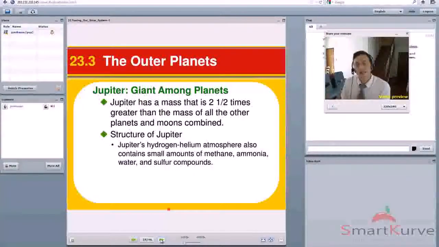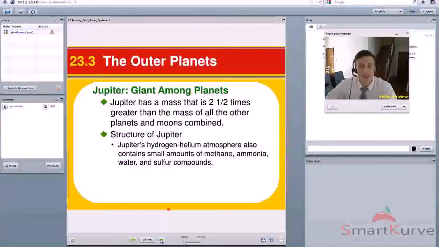These bands, it's interesting to point out, are not different chemically. They're not made of different compounds. It's a temperature difference. And here, scientists are still studying these bands.